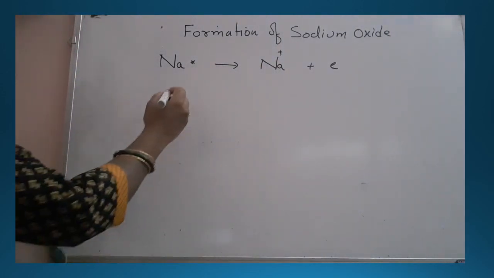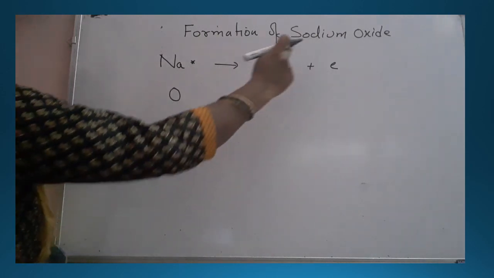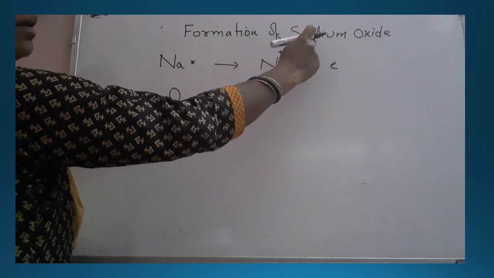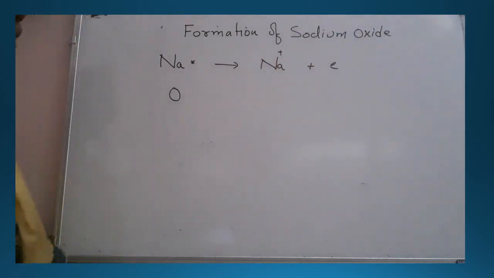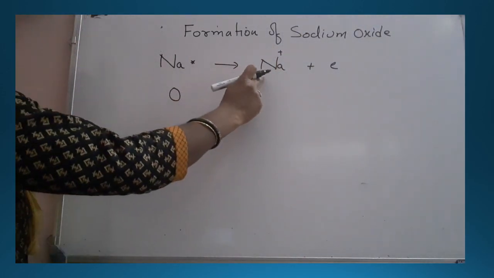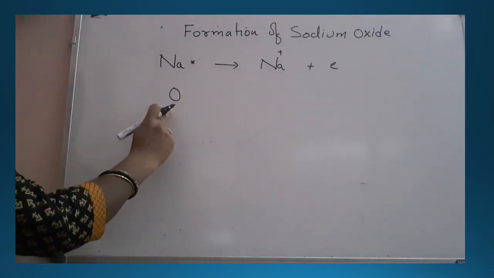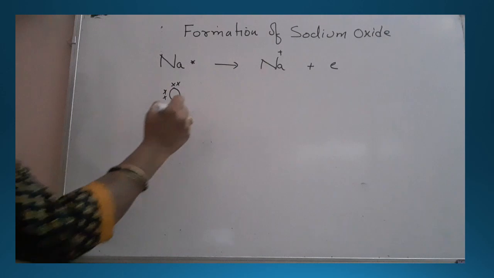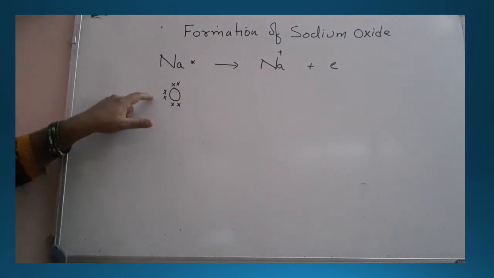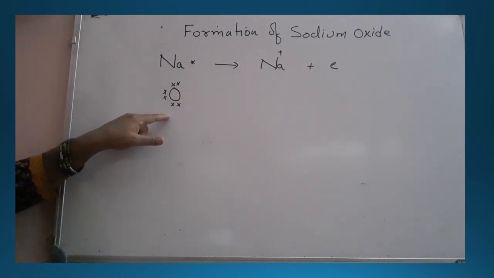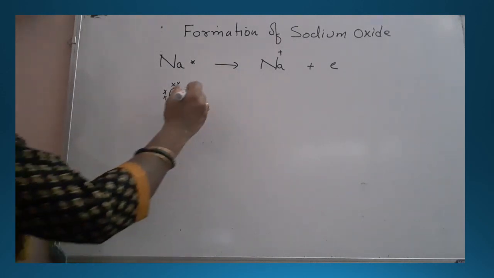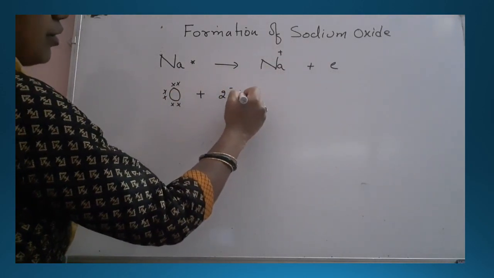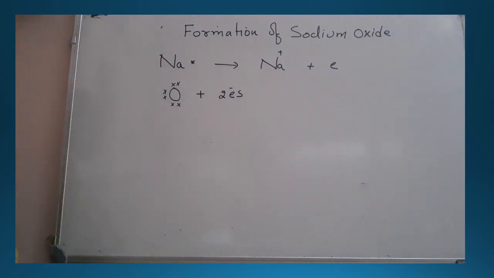Now oxygen, as in sodium oxide, the atoms present are sodium and oxygen. Oxygen has 6 valence electrons. So one oxygen atom requires 2 electrons to complete its octet.